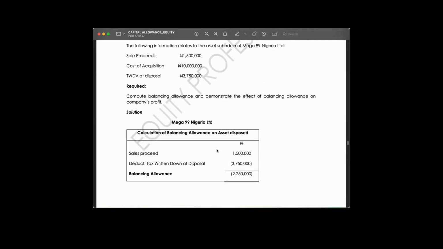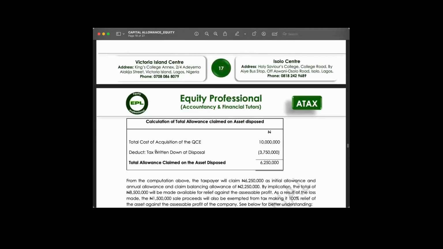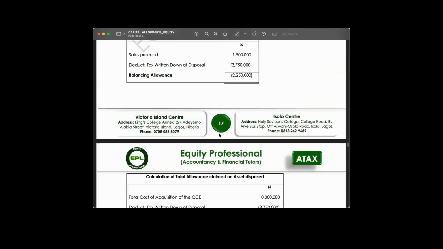So we have a balancing allowance of this. The total cost of the asset of the company is this. And to get the allowance claimed on the assets, it will be total cost of the assets minus tax written down value at disposal. So this company has claimed, before now, 6,250,000, right?